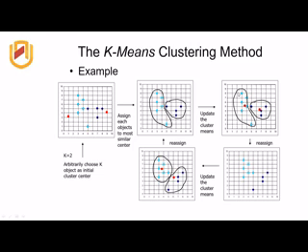Then we create new centroids, which is basically a location based on the mean position of x, mean position of y for the two, considering all the elements for each cluster separately. Then we reassign. If there is a point, one of the elements, which is closest to one of the centroids, we regroup into the corresponding clusters, and then we repeat this loop until no more changes are actually happening.